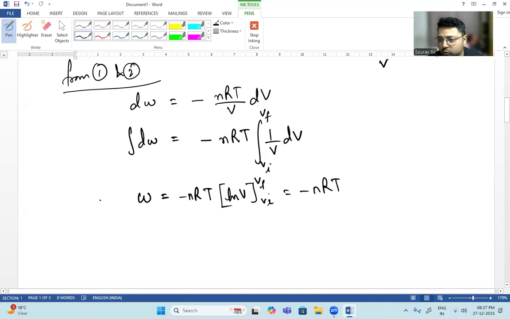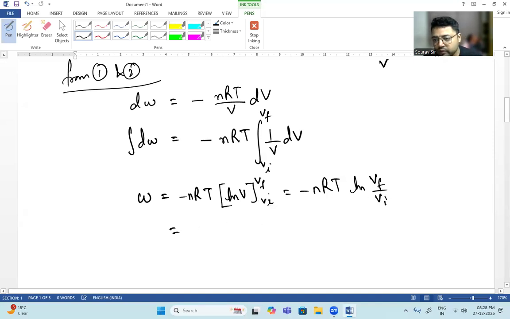Negative is thrown outside, so it will be negative nRT, ln Vf minus ln Vi. When subtracting two logarithmic terms, it becomes ln Vf by Vi. Ln means log to the base e. This is all it will come to.